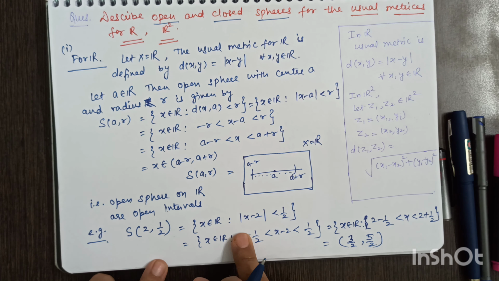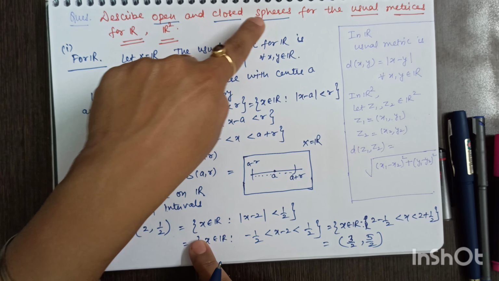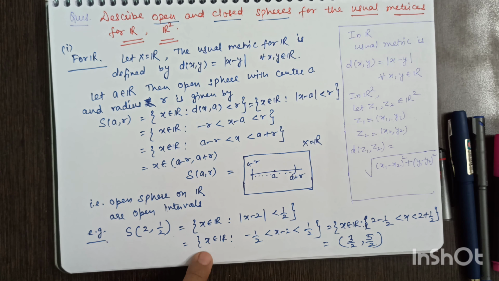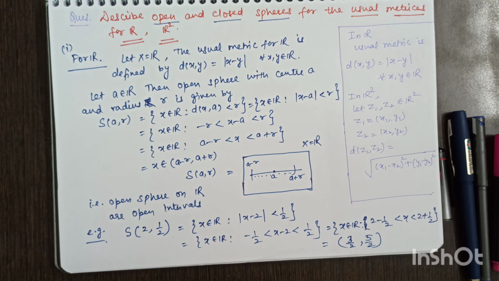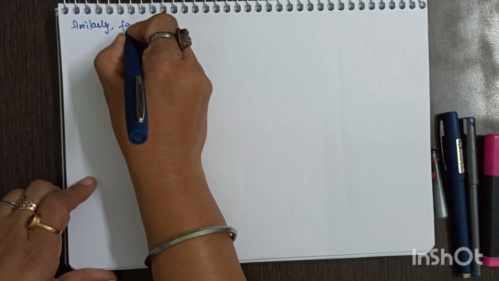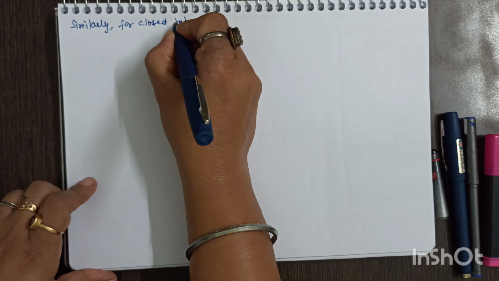So we need to find the region which is in the open sphere. This is as per the definition, or you can write it directly as a minus R, a plus R, open interval. So this was the open sphere case I discussed before.